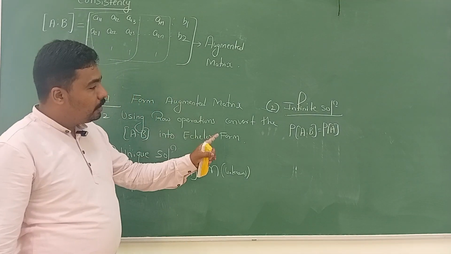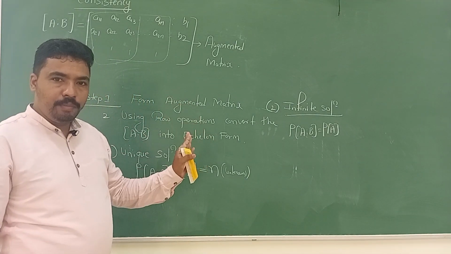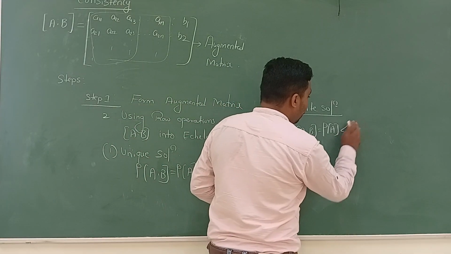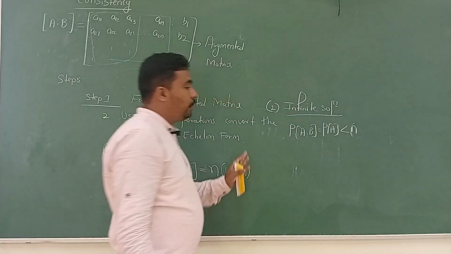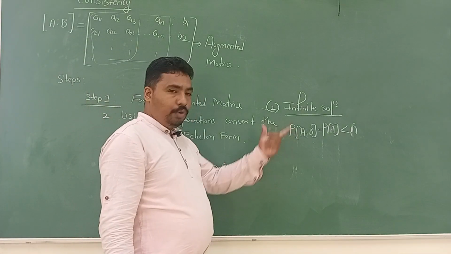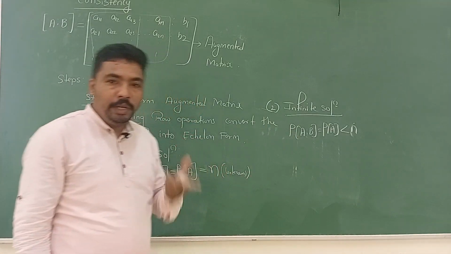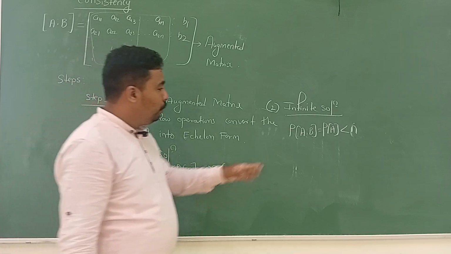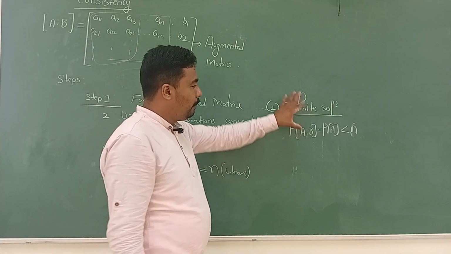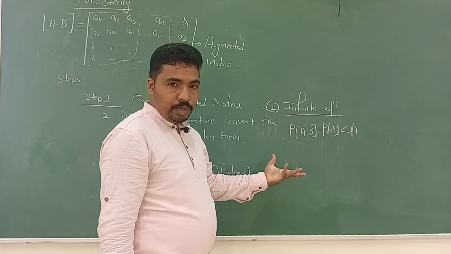Remember, here the augmented matrix rank and the coefficient matrix rank are the same, but it should be less than the number of unknowns. Maybe the rank will be 2, but the number of unknowns will be 3. At that time we may say the system of equations has infinitely many solutions.